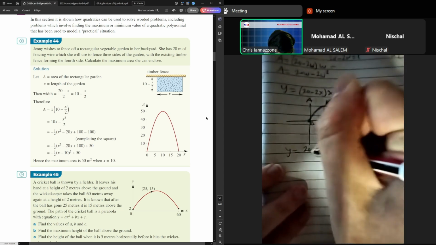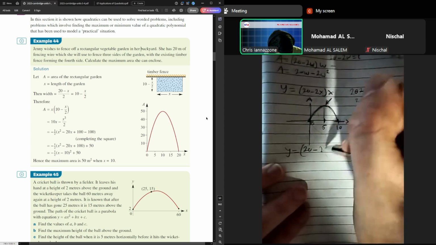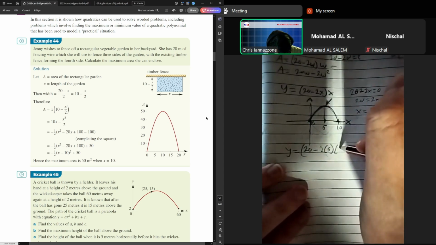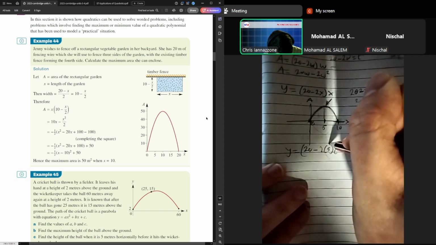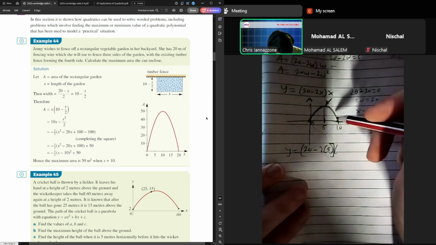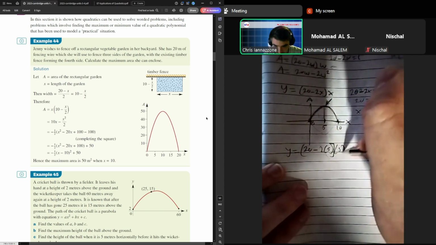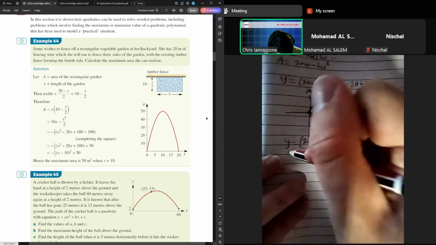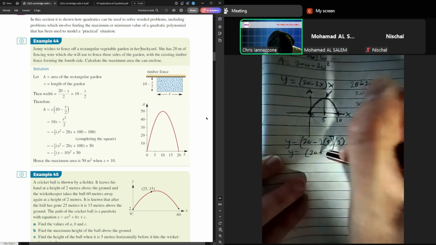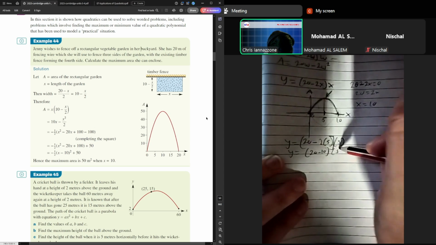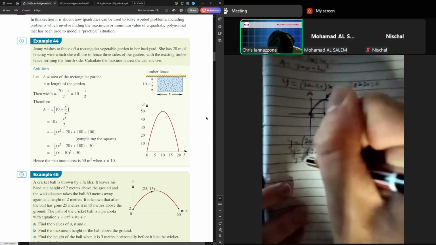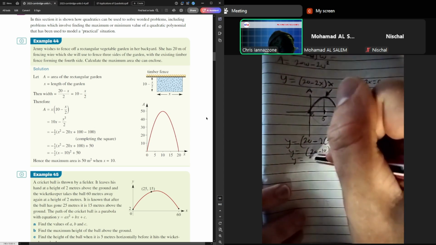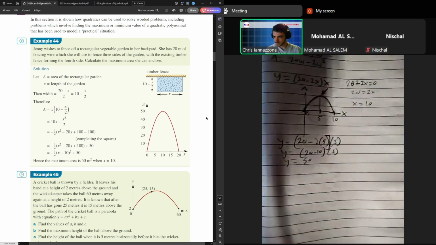Y equals 20 minus 2 times 5 times, whoops, let's get the brackets properly. 2 times 5 and then times 5 at the outside. Y equals 20 minus 10 times 5. Y equals 10 times 5, y equals 50.